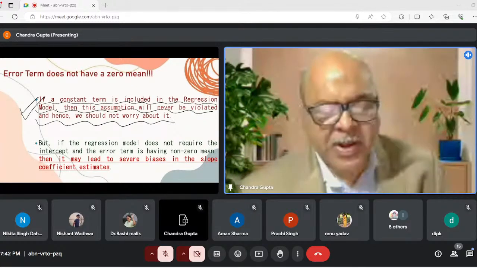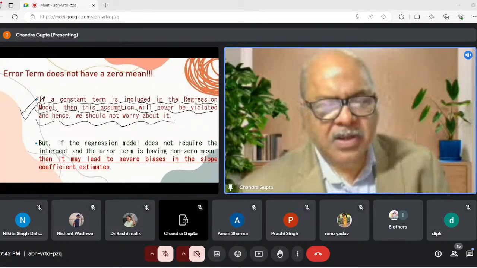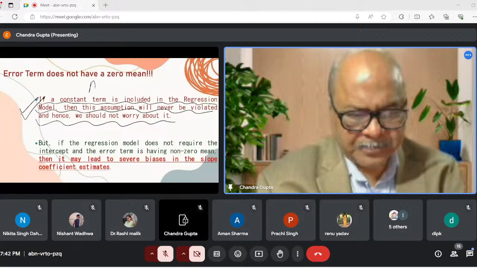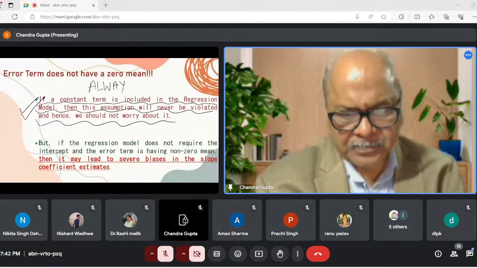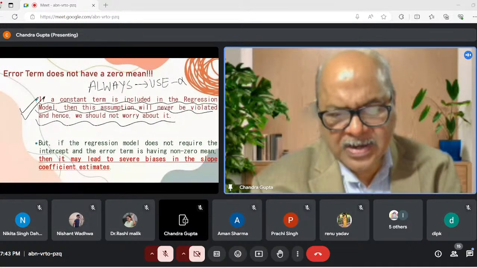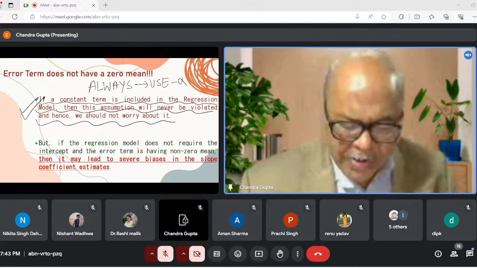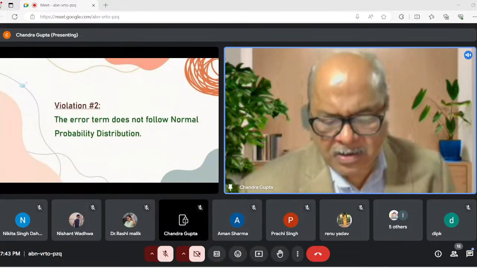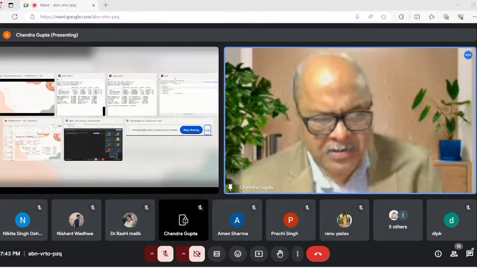Your estimates will be biased estimates. So the conclusion is always use intercept in your model. Always do that. If you don't do it, there is a possibility that you may get biased estimates. I show you what I mean by this.